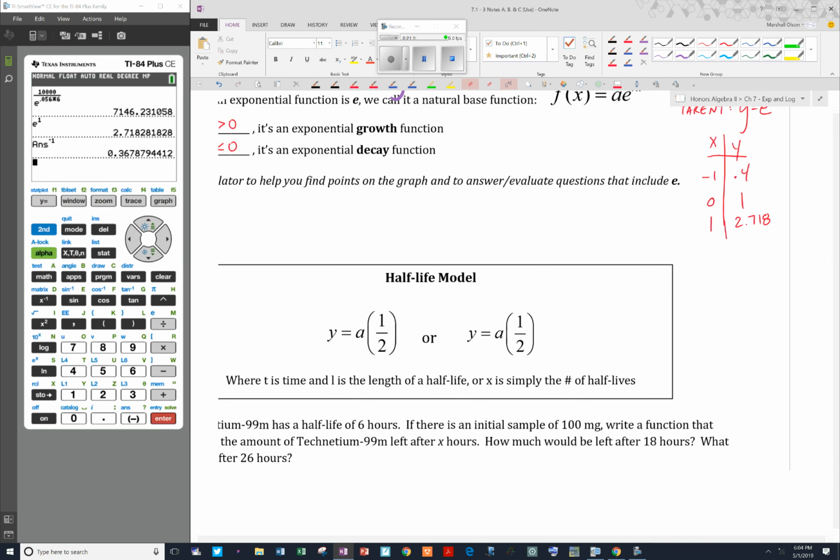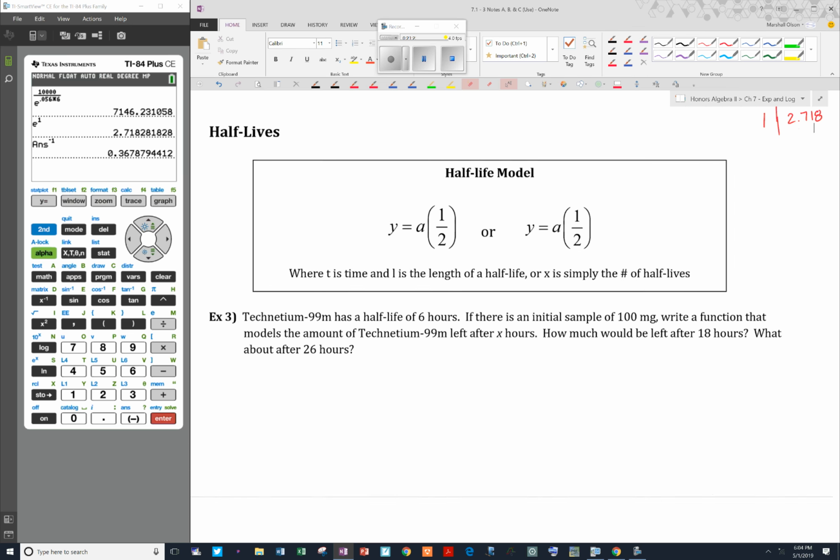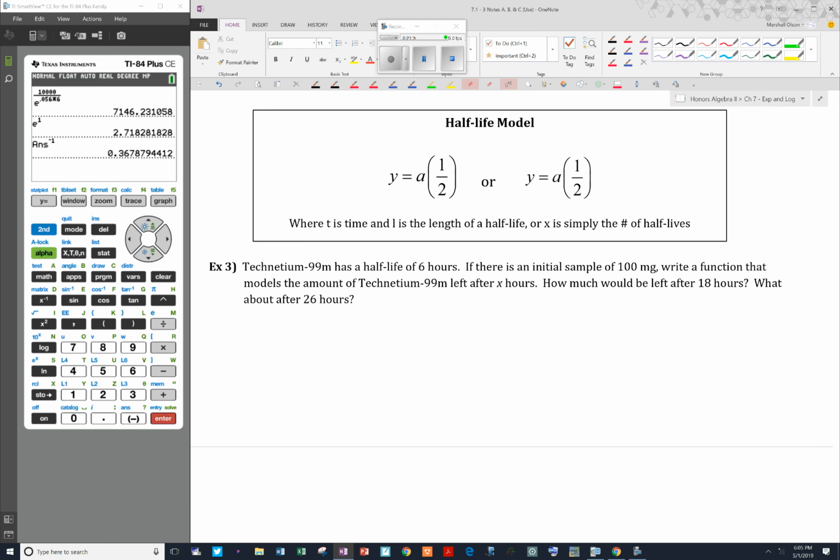The last thing we're going to take a look at here is the idea of a half-life. You've probably dealt with half-lives before. It's a pretty straightforward concept. It's a special type of decay where your decay factor is the same as your decay rate. They're 1/2. So it's when you start with an initial value and then whatever you have decreases by half every however many days or whatever the half-life is.